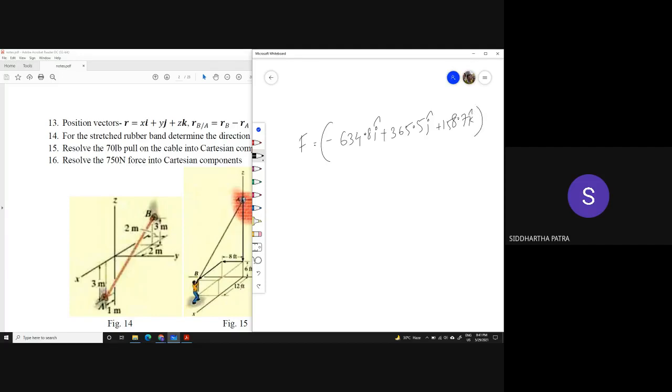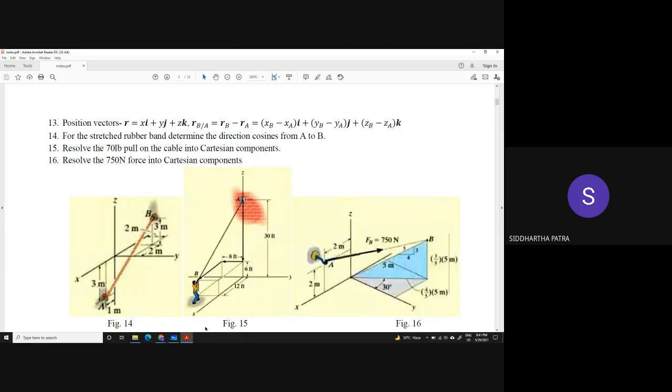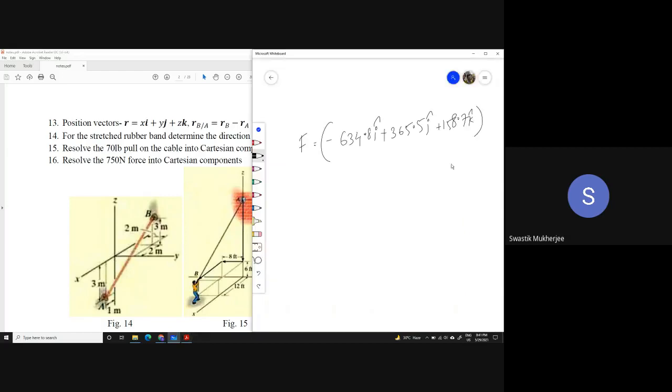Okay. What is the unit? So Newton. Okay. Let's see what others get, and let's see whether this is the correct answer.